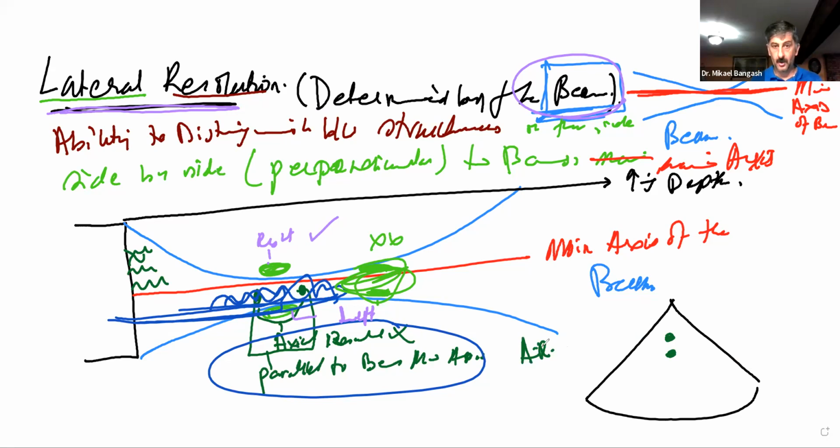That was mainly going to be the pulse, or your spatial pulse length, that will determine whether you had a good or bad axial resolution. How did we determine the numerical value of the axial resolution? Your spatial pulse length divided by 2.